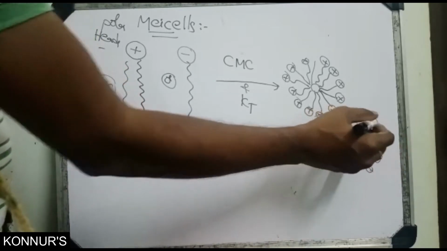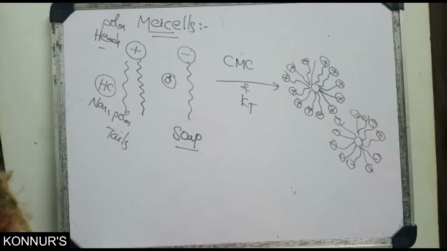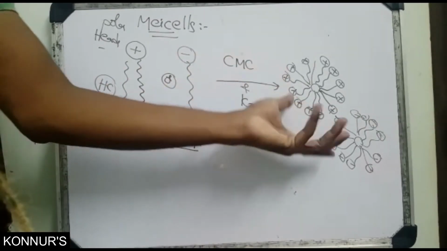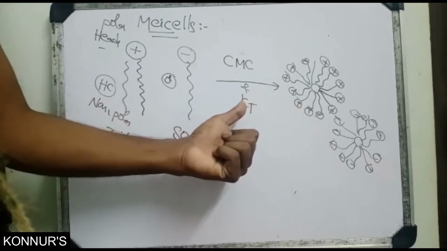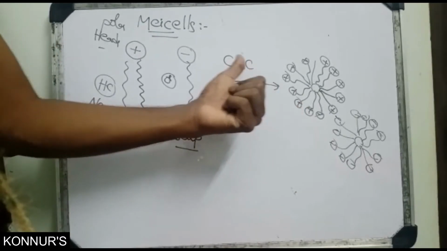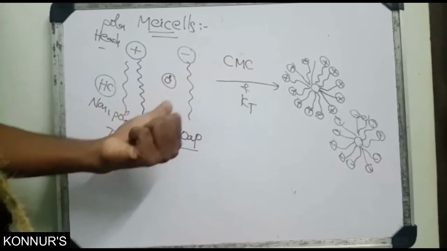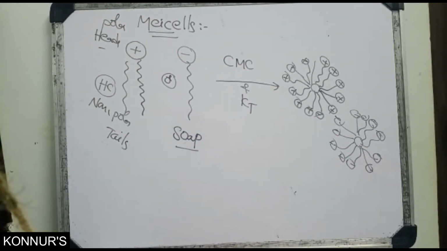The association of soap particles is called a micelle. So at the Kraft temperature and CMC, critical micelle concentration, the soap particles are converted into a micelle like this.